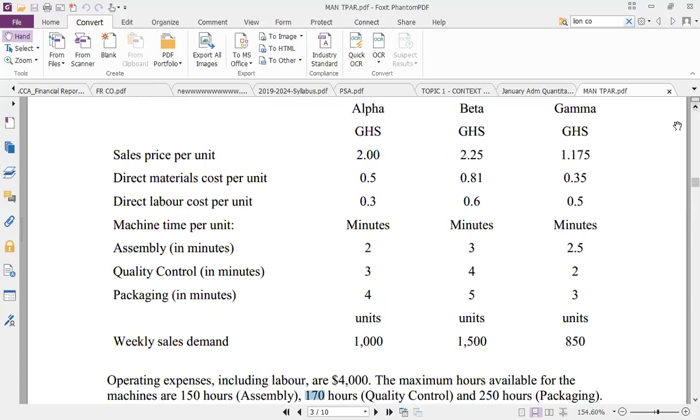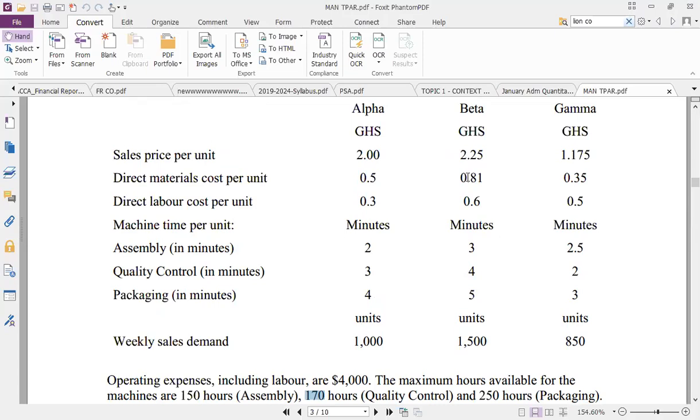So let's go to the question and select them. The selling prices are 2, 2.25, and 1.175. So let me put them here: 2 Ghana cedis. Don't forget to bring the Ghana cedis on top.